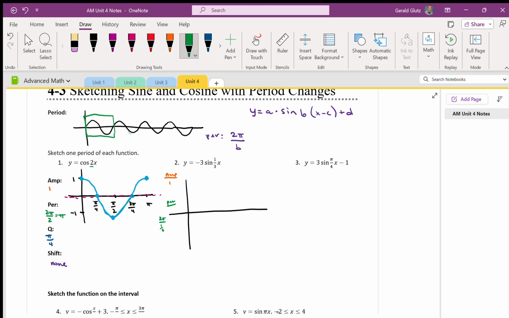If I divide 2 pi by 1/3, it's like saying 2 pi times 3 over 1. Sorry, there's not a lot of room here. So I get 6 pi. So our period is 6 pi, which makes our quarter sections 6 pi over 4, which reduces to 3 pi over 2. And then finally the shift. There's no shift.